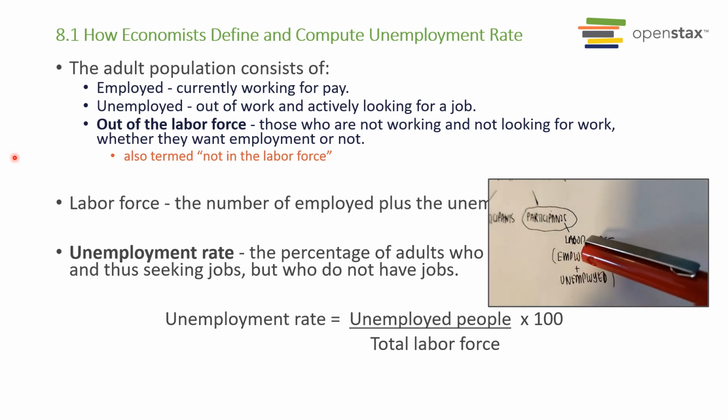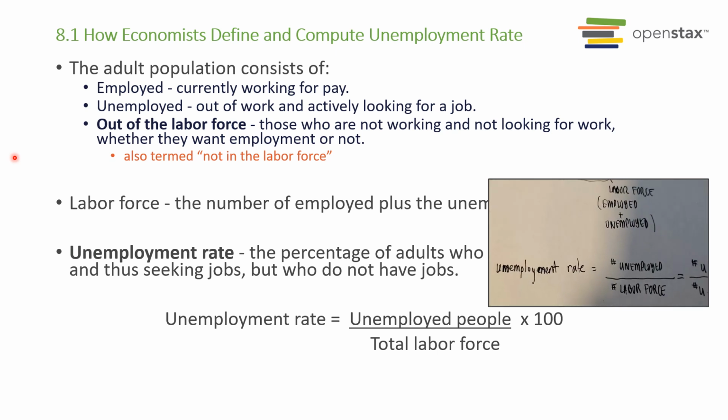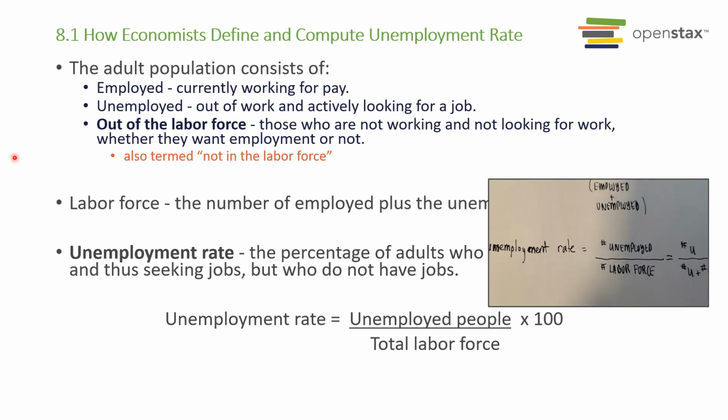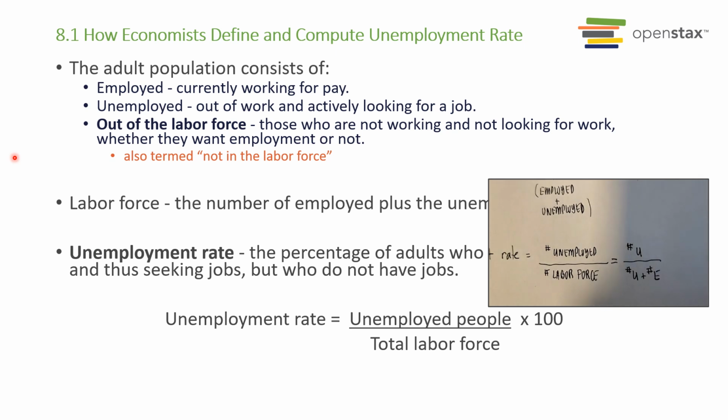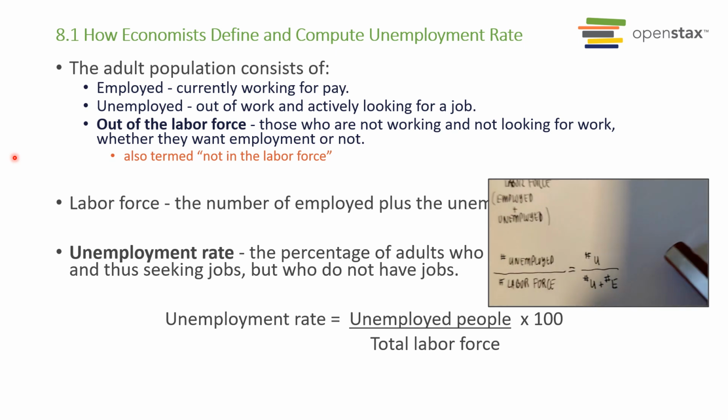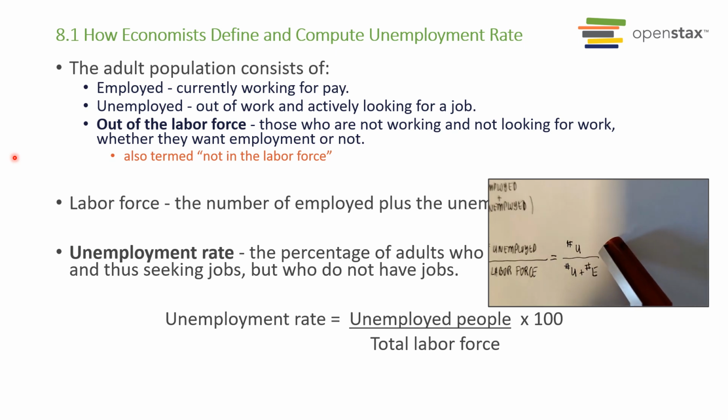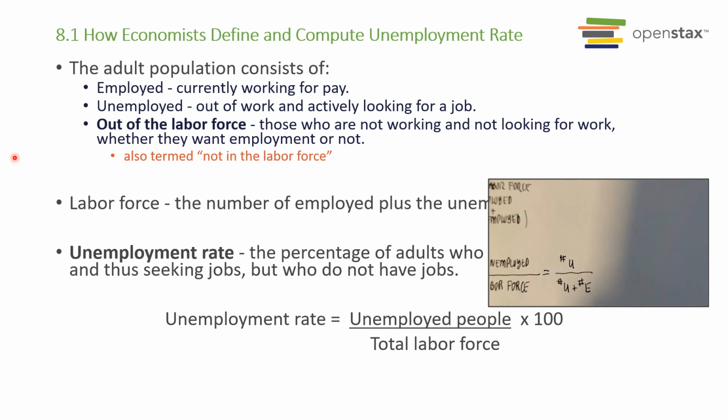If you're participating, you are part of the labor force. And then lastly, again, the unemployment rate is essentially the number of unemployed as a fraction of the labor force. Or in other words, the number of unemployed people, U, over the number of U plus the number of E, the unemployed plus the employed people.